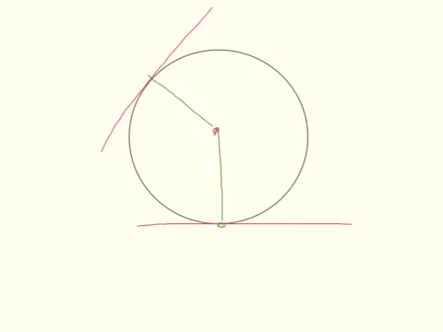Where that occurs, it creates a right angle. Okay, and that would be the same on the other side as well. So when you have a tangent to a circle, where the tangent and the radius touch, where their point of contact is, the angle that is created is 90 degrees.